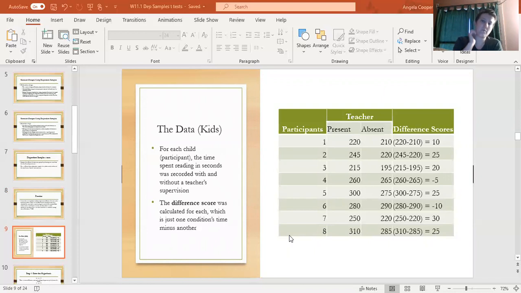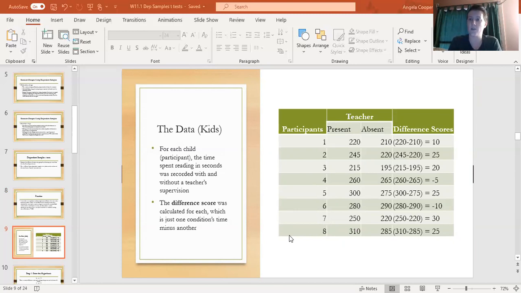For participant 1, that student spent 220 seconds reading while a teacher was present and 210 seconds while a teacher was absent.